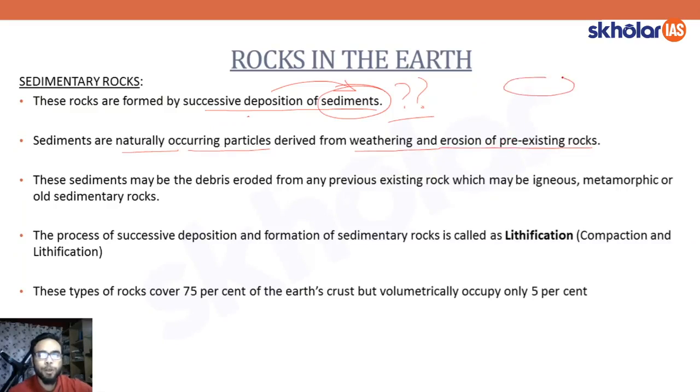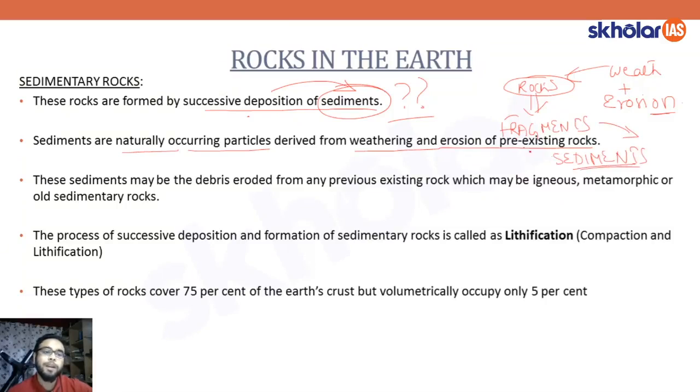If this is a rock, the process of weathering and erosion will act on this rock, and because of this, the rock will get broken down into different fragments, and these fragments are called sediments. Understood what sediments are? Sediments are nothing but rock fragments.